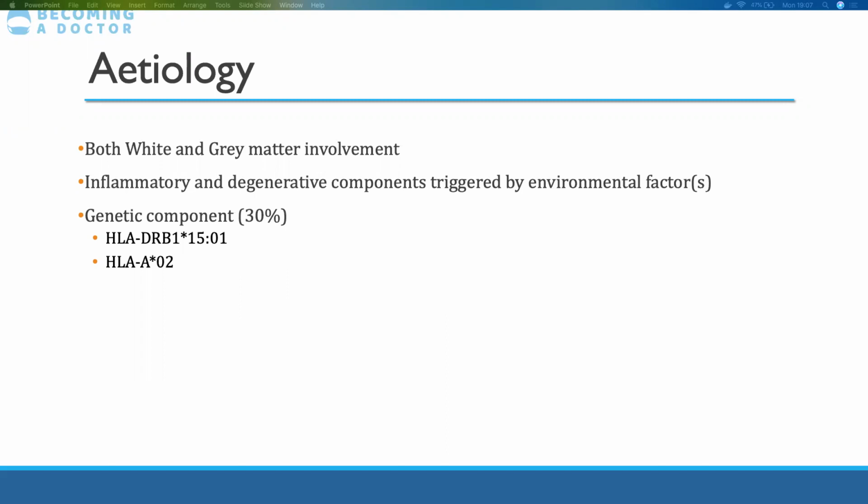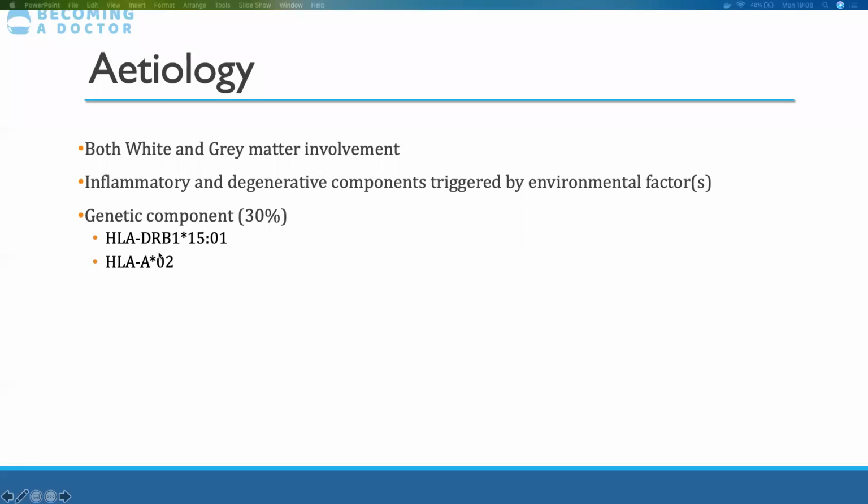So if, let's say, your first degree relative does have MS, you are around 20 to 40% more likely to have it as well. On the genetic specifics, this is usually found on HLA chromosome 6. In specific, HLA DR15 and DR16 are said to be very associated with MS. And this specific allele over here, HLA DRB1 15.01, is said to increase the risk the most.